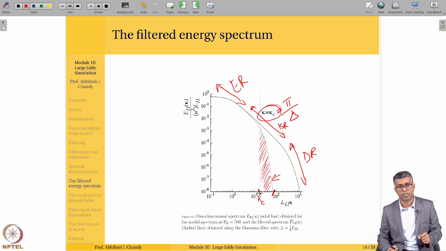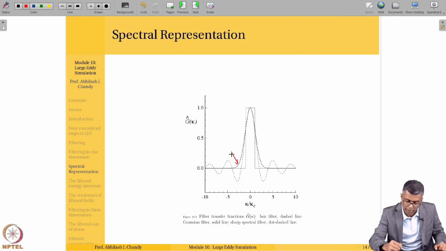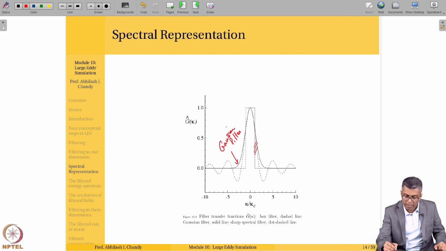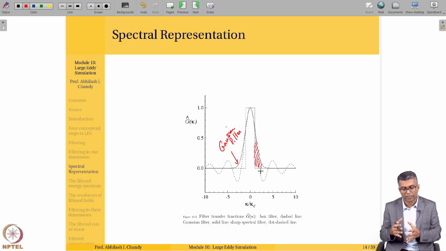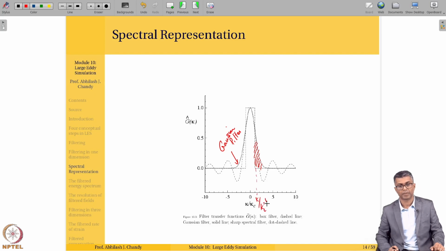The answer to that question is because the filtering here is done using a Gaussian filter. The Gaussian filter does not cut it off immediately. If I go back to this, the transfer function shown here, this is the Gaussian filter, the solid line. And as you can see, there are some wave numbers that it is still considering beyond that kappa c. Because this is your kappa c, kappa over kappa c equal to 1 here. Right?